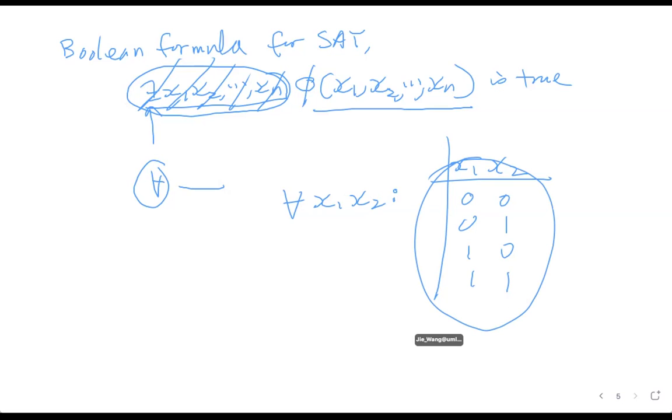That's much different from there exists a truth assignment, where if any one of them is true, then it works. Here I have to check all possible truth assignments for these two variables because I have a universal quantifier. The formula should also be true, then I can say that formula is true.